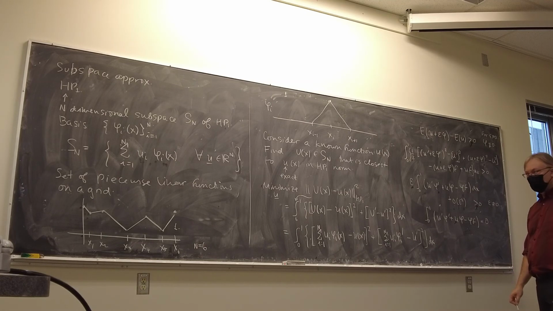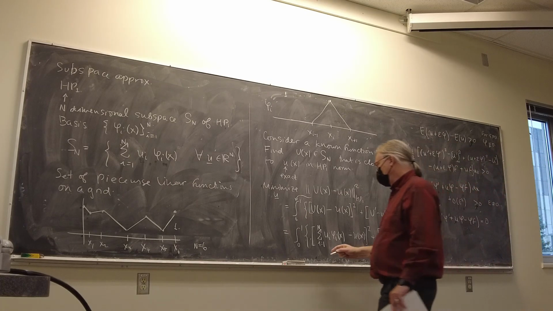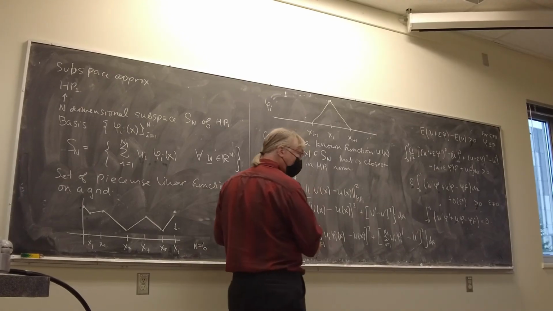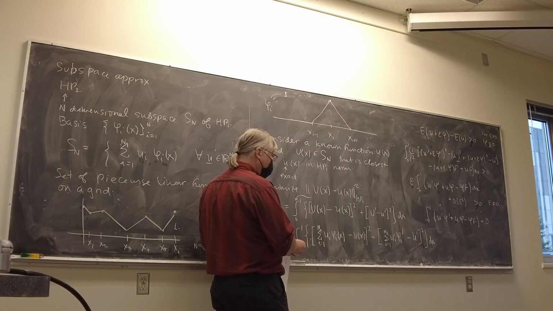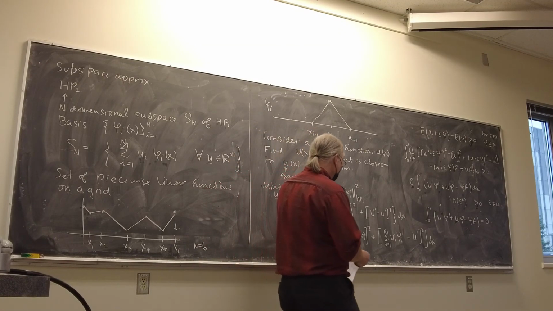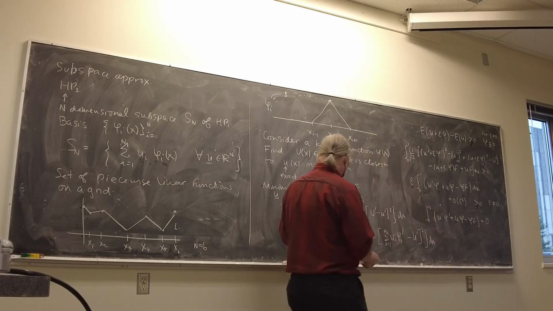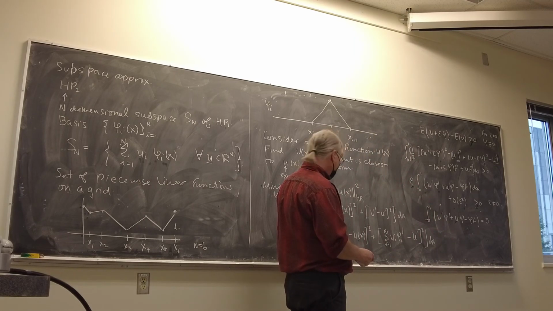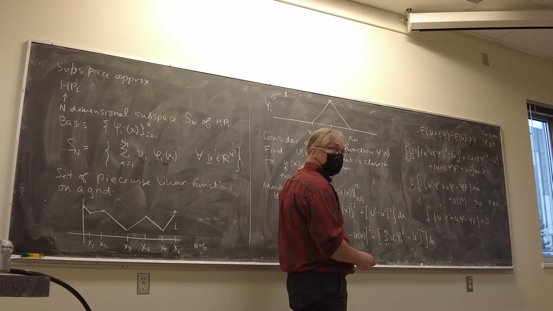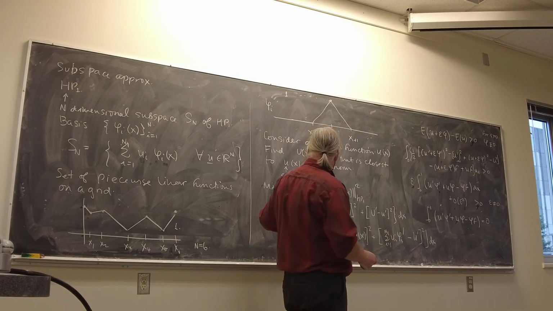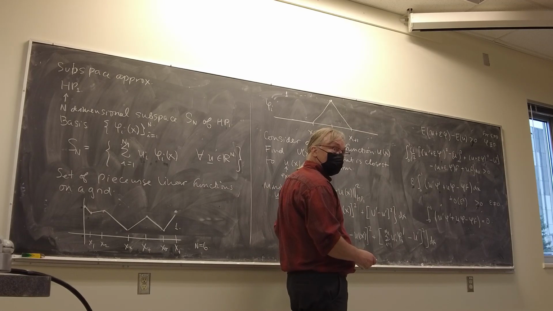So this is a scalar function of a vector. The phi's are known, the u is known, and the thing that you're trying to pick so that this is the minimum are these n numbers. So this is a function from R^n to the real numbers that you want to minimize.